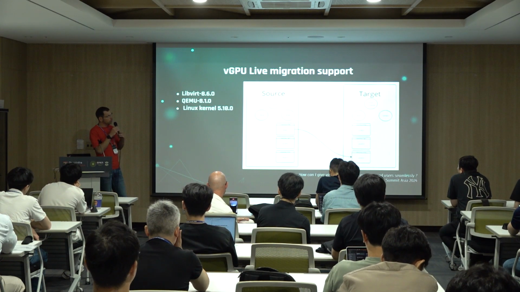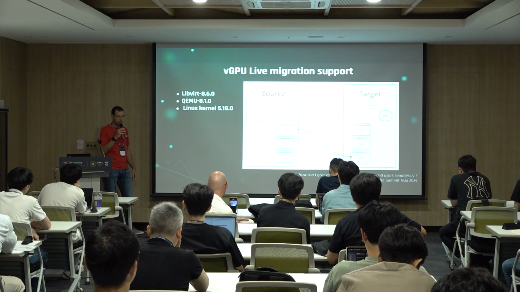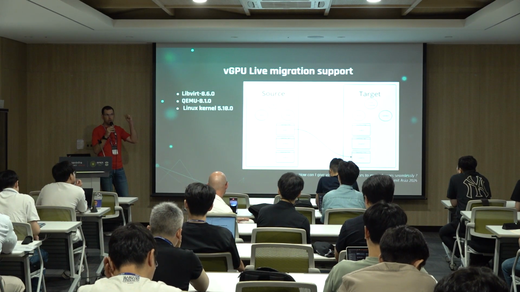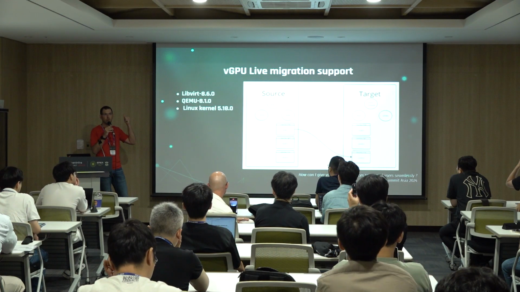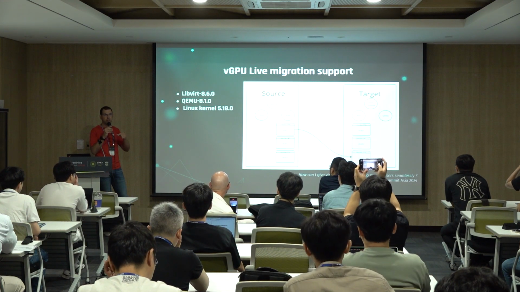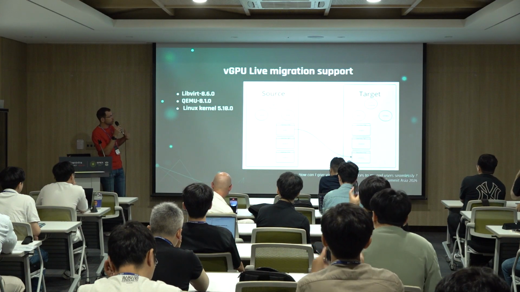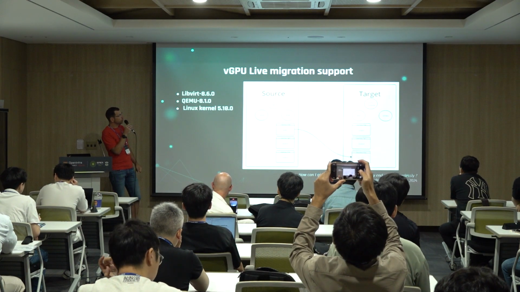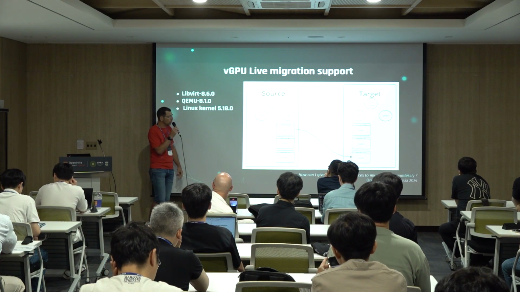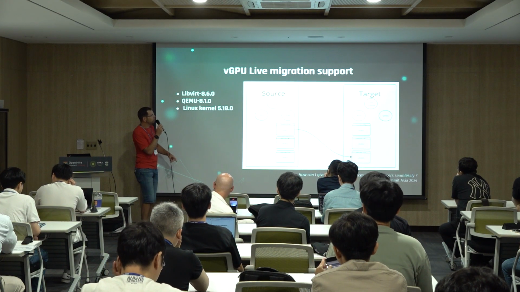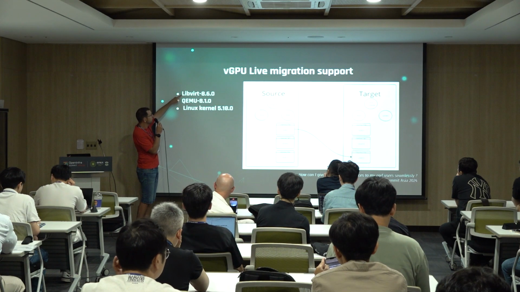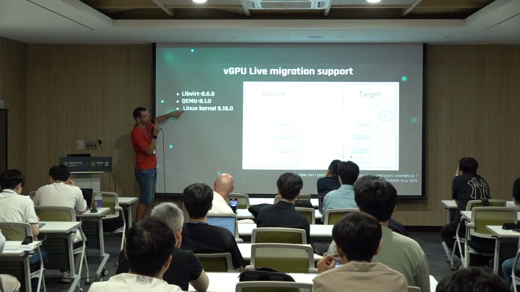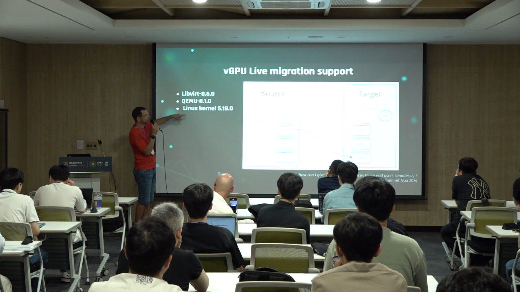Another feature that we delivered in Caracal is vGPU live migration. If you heard the keynote from Mark, he briefly mentioned it in his presentation. So virtual GPU live migration works in the way that you have to have a recent libvirt version, a recent QEMU version, and of course a recent kernel version.